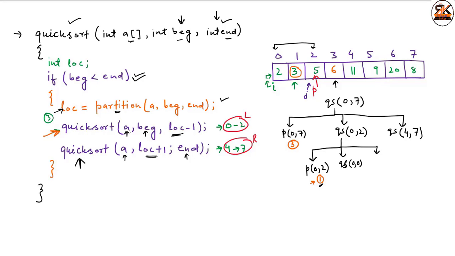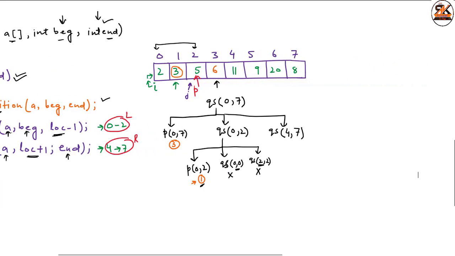Also another quick sort call will be made, that is location plus 1, that is from 2 to end, which is 2 only. So what we can see from this point, nothing will happen here and nothing will happen here, because we have a single element here and we have a single element here also. So when we have a single element in the sub list, then we consider that list as a sorted one.